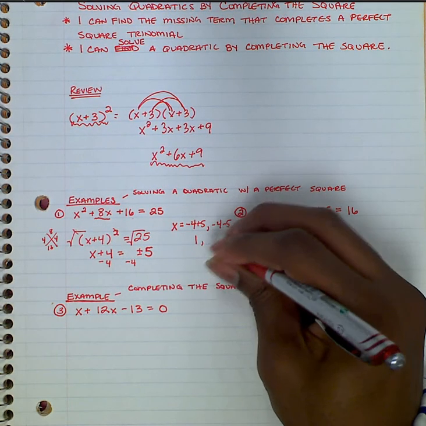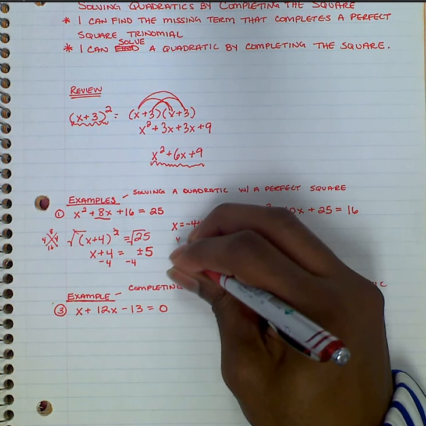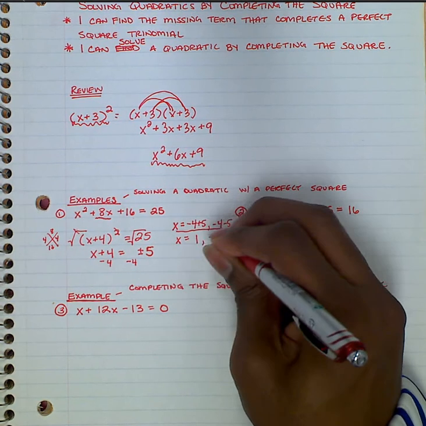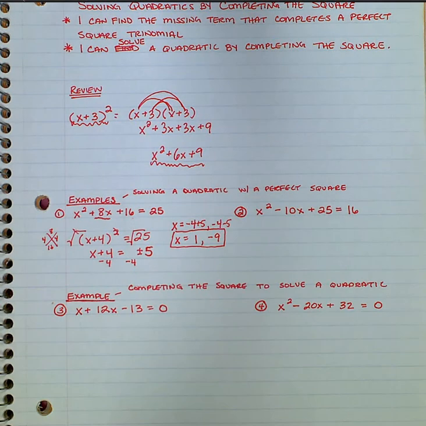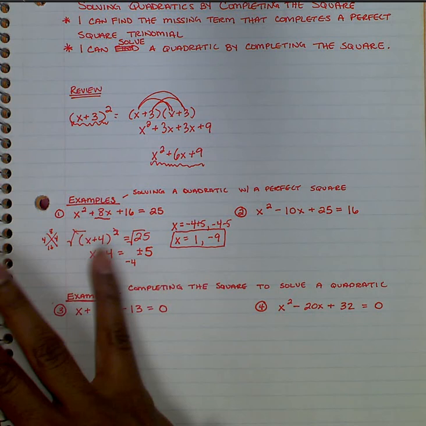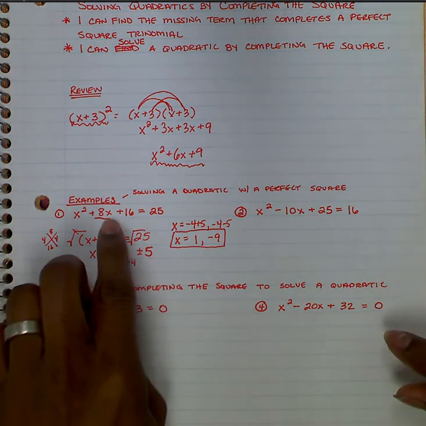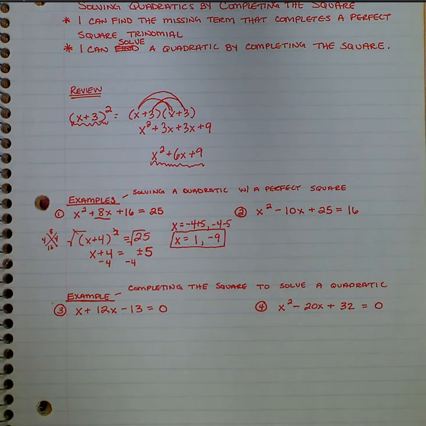Negative 4 minus 5 will give us negative 9. Those are our values that solve this quadratic. So we have solved this quadratic using square roots, but because we had a perfect square trinomial.